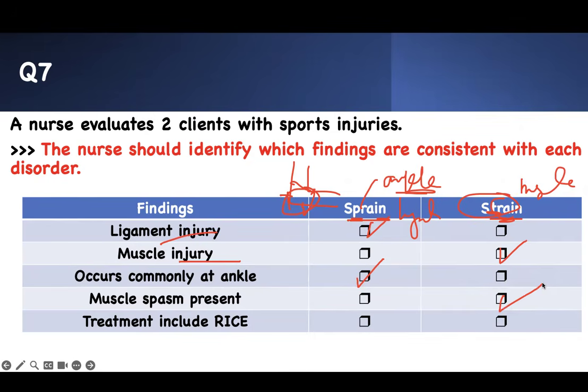It's a strain problem. Which one requires treatment with RICE? That means rest, ice, compression, elevation. Both of them need that treatment. Don't forget them. Sprain is a ligament and a strain is a muscle problem.